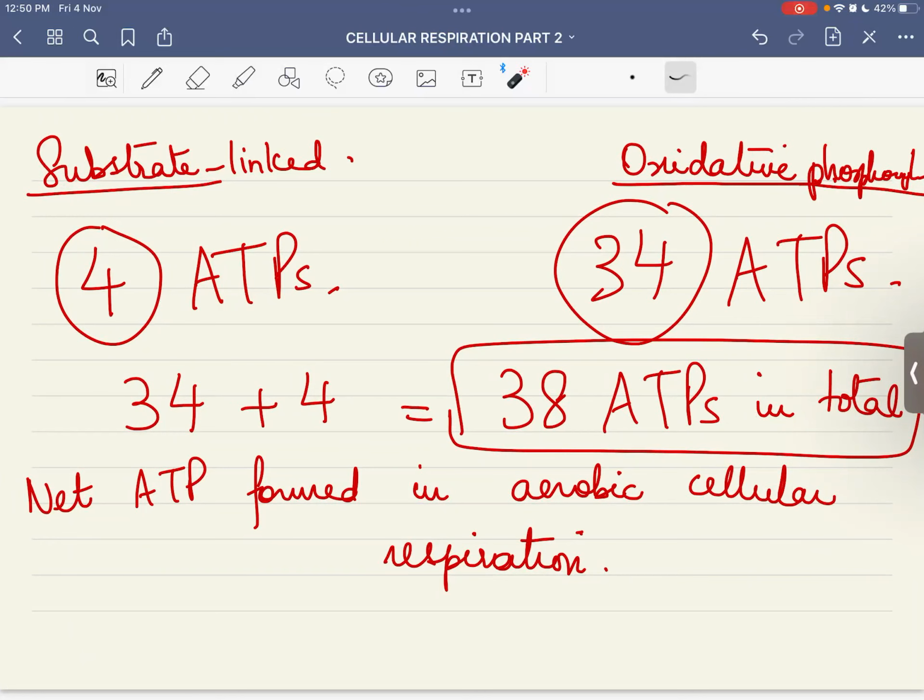अच्छा, ये जो मैंने 34 नंबर निकाला है ना, what have I done? I have kept this number under the heading of oxidative phosphorylation, and I have kept the number 4 ATPs under the heading of substrate linked phosphorylation. इसका मतलब क्या है? इसका मतलब ये है कि those ATPs जो मैंने substrate को तोड़ के बनाए थे ना, when I was breaking the CH bonds and I was ending up with ATPs, those are purely those ATPs which come under the heading of substrate linked phosphorylation.